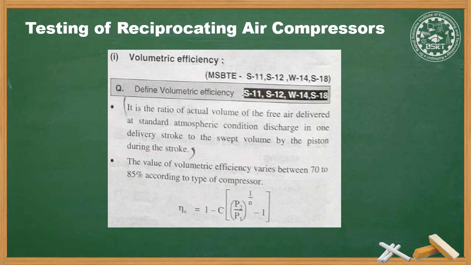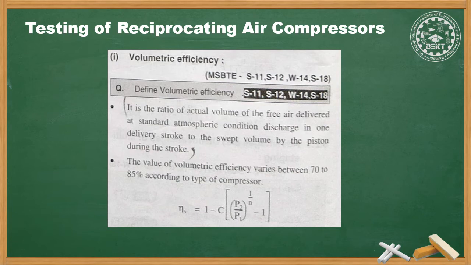Volumetric efficiency usually varies between 70 to 85% according to the type of compressor.